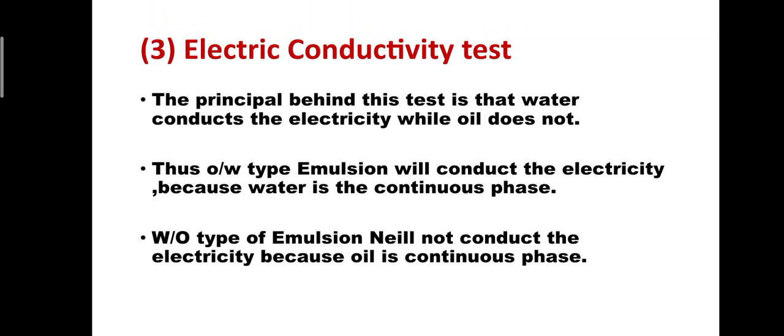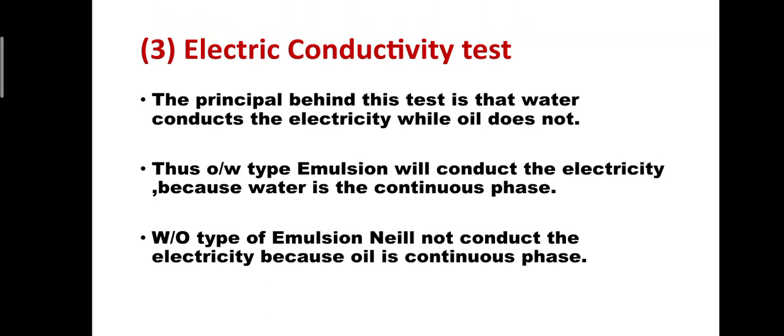Third test, electric conductivity test. The principle behind this test is that water conducts electricity while oil does not. It's very common: water conducts electricity and oil does not. Thus, an oil in water type emulsion will conduct electricity because water is the continuous phase. Second, a water in oil type of emulsion does not conduct electricity because oil is the continuous phase.